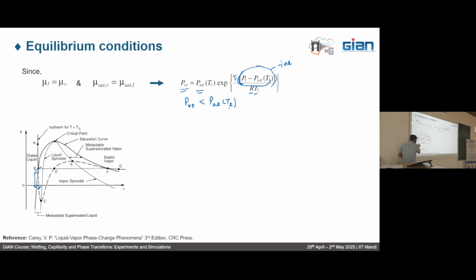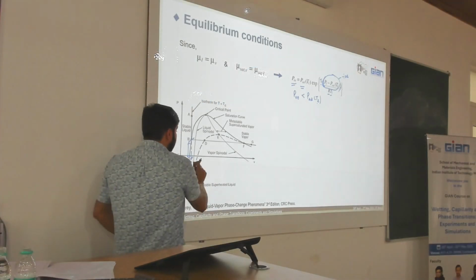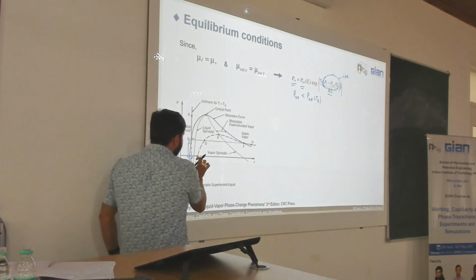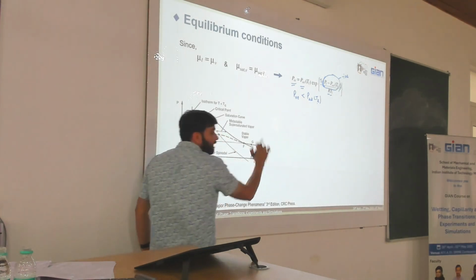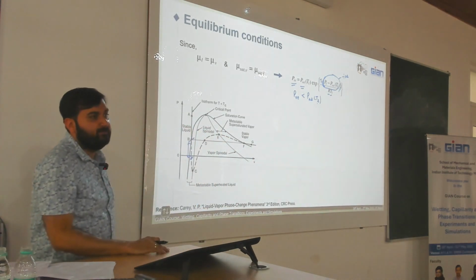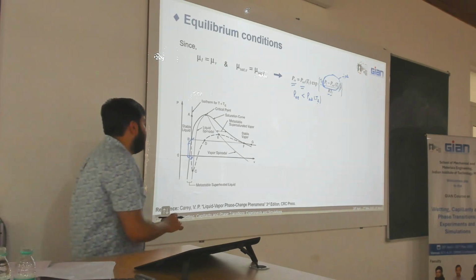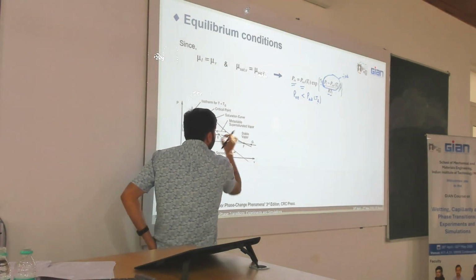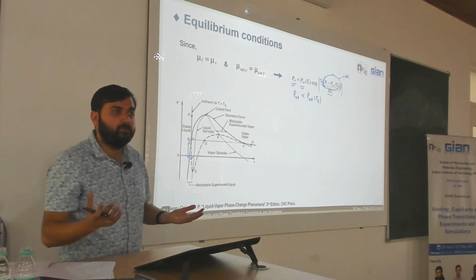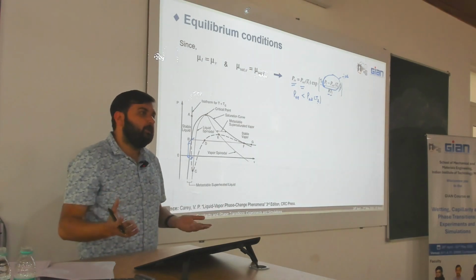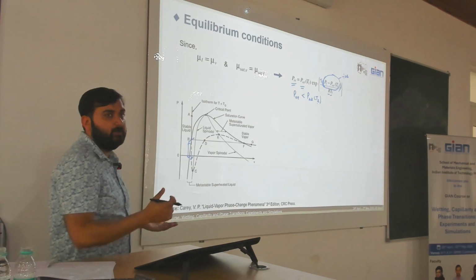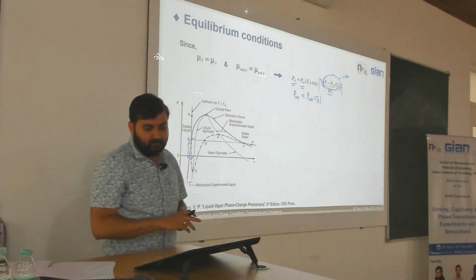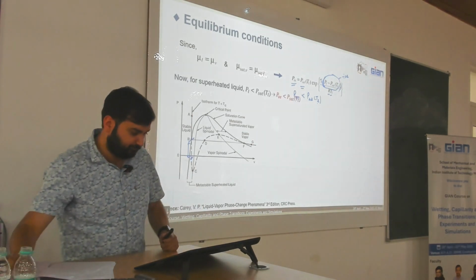It means that whenever the phase change occurs, it doesn't occur from a metastable state to a metastable state. Always the vapors will be in a superheated form. So if perturbations are given here, we'll expect the vapors to be in a stable vapor or in a saturated vapor region. It's not possible that from this metastable state we can see a jump to a metastable state. The system always tries to go towards a stable state, having lower value of delta G or lower value of mu. So this is one insight which you get from this expression here.